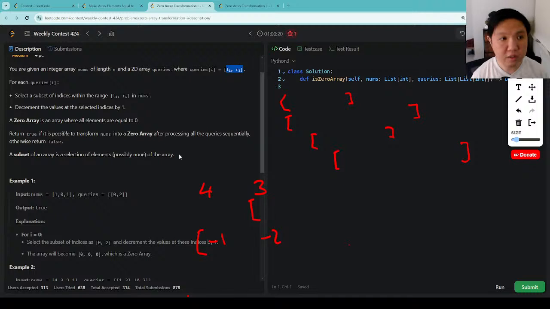Solution has no min, is 0 index. Okay, run. Index out of range.